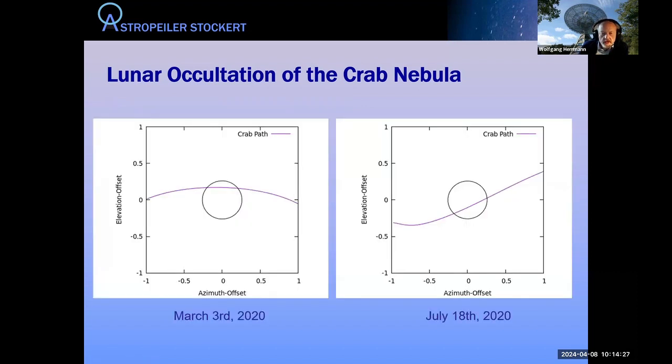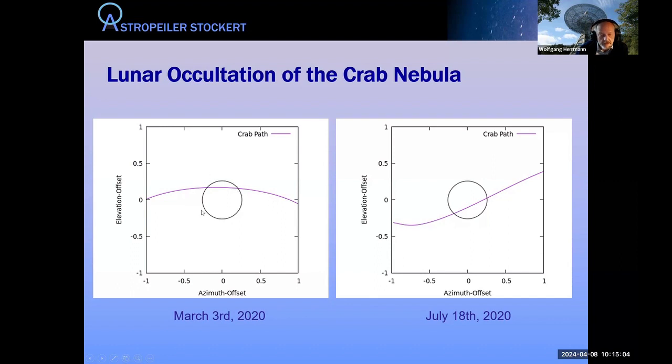For this particular occultation, we calculated what would be the path of the desired object, in this case the Crab Nebula, with respect to the apparent diameter of the moon. So essentially it was a path which was looking like that. Hardly ever will the object hit the middle of the moon, so it's passing not necessarily through the center, but that's typically sufficient to fully cover the object.